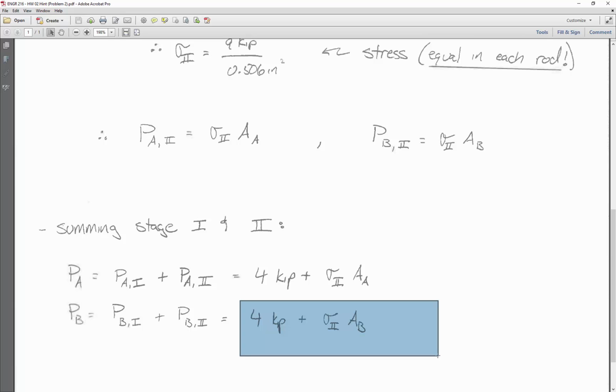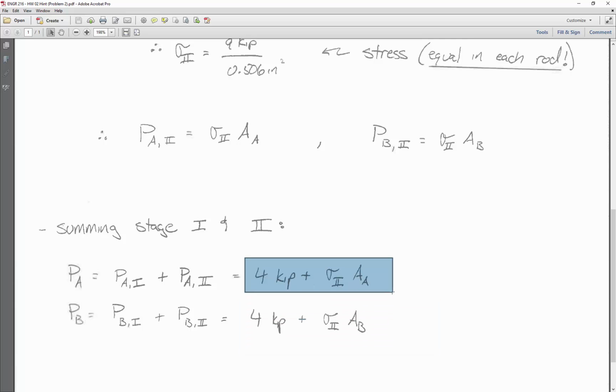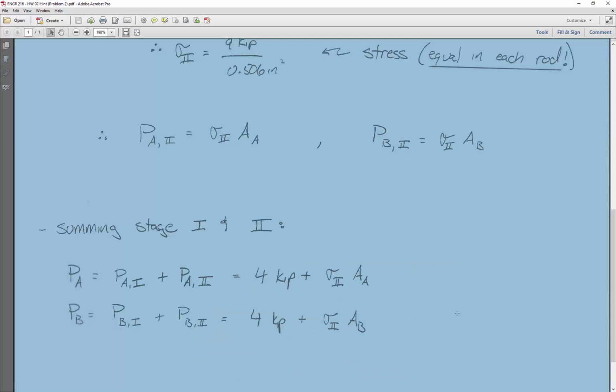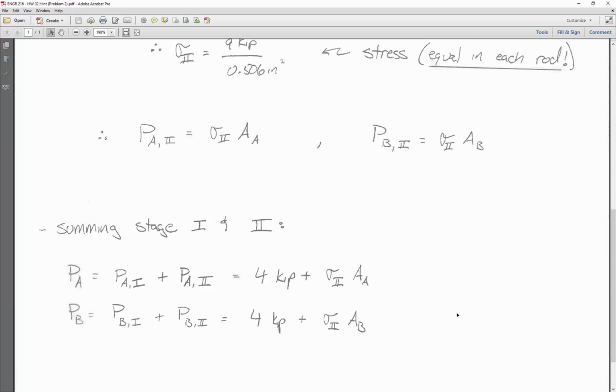So with 21 kips as the total load, I can figure out how much load is in A and how much is in B, and from there I can determine the percentage of load in A, the percentage of load in B, and the stress in A and the stress in B when everything's complete.